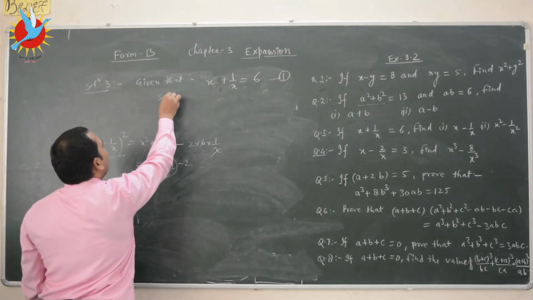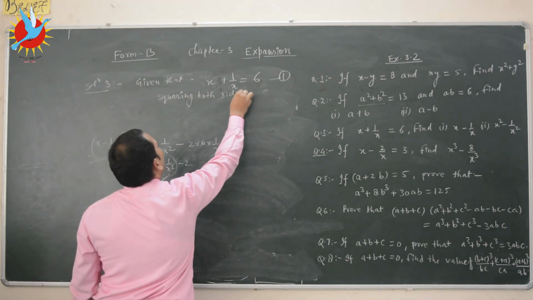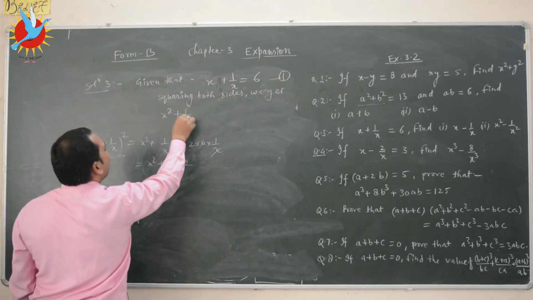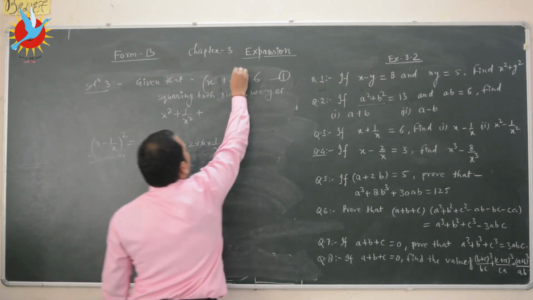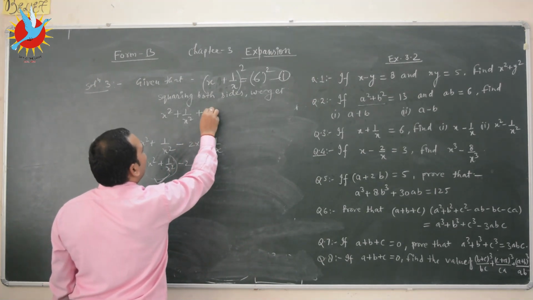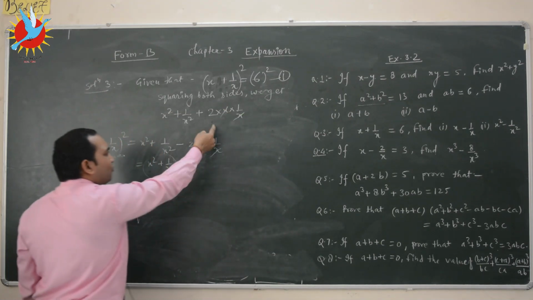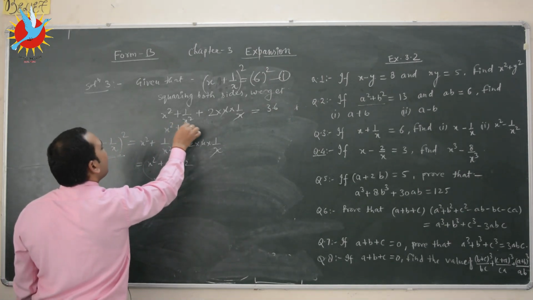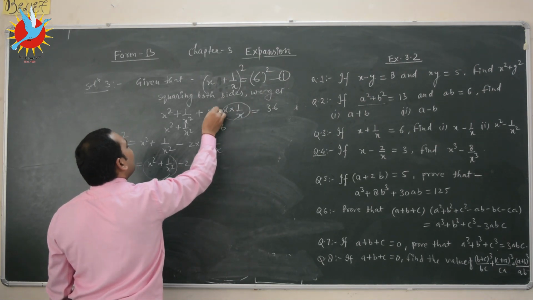So squaring both sides, we get x square plus 1 upon x square plus 2ab, means 2 into x into 1 upon x. So the value is 2, and which is equal to 36. x square plus 1 upon x square plus 2 is equal to 36.